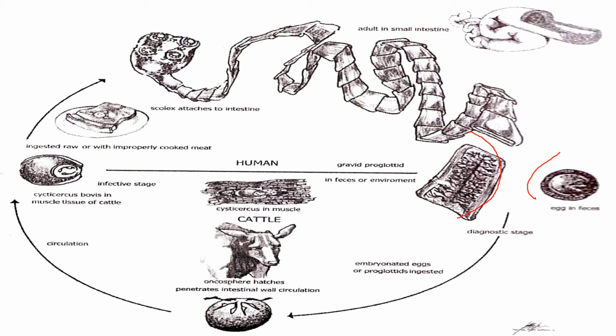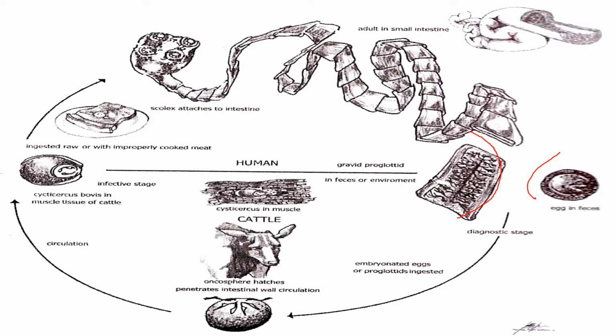So the scolex, after being ingested, the larvae is released in the meat ingested by humans, and then that scolex will attach to the intestine and will mature to adult in about 12 weeks. So usually, only one adult worm is present in Taenia saginata infections. Okay?